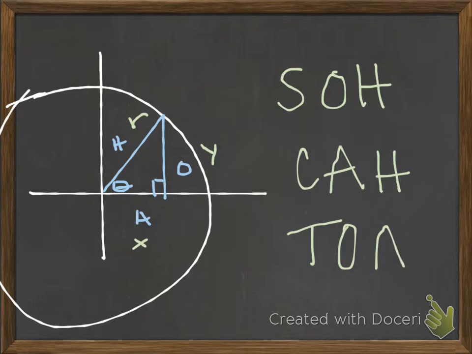And this is something that we're going to kind of phase out. So you're not necessarily going to hear us talking about opposite, adjacent, and hypotenuse anymore. Instead, we're going to talk about x's, y's, and r's. So you should have this picture drawn on your screen. I'm going to flip to the next page so I have room to write, but I want you to look at this picture as we define the trig functions.